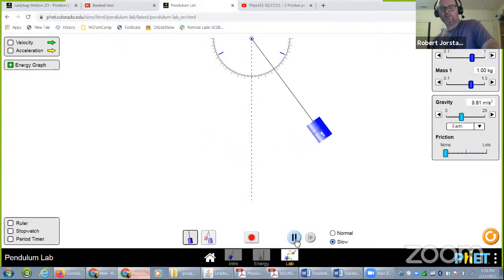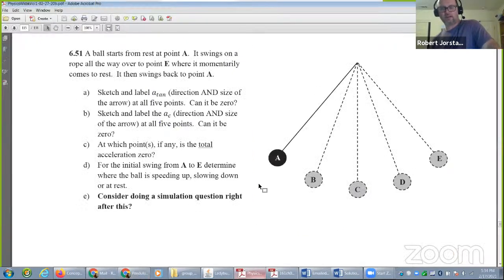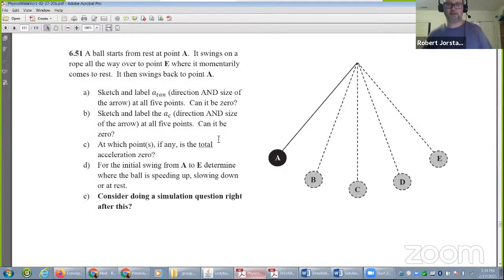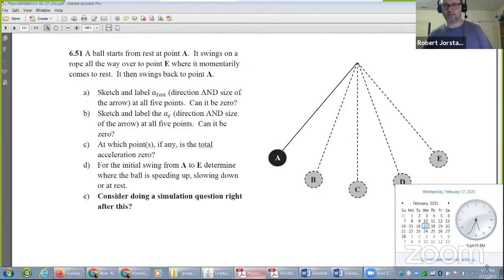What I want you to do is take a minute to figure out which way the centripetal acceleration is pointing and which way the tangential acceleration is pointing as this thing swings back and forth. We're going to start right here, and we're just going to go all the way across. If it helps, this is in your workbook on page 113, problem 6.51. Just figure out which way you think the tangential acceleration and centripetal acceleration are pointing in this problem. I'll give you a minute to think that through.